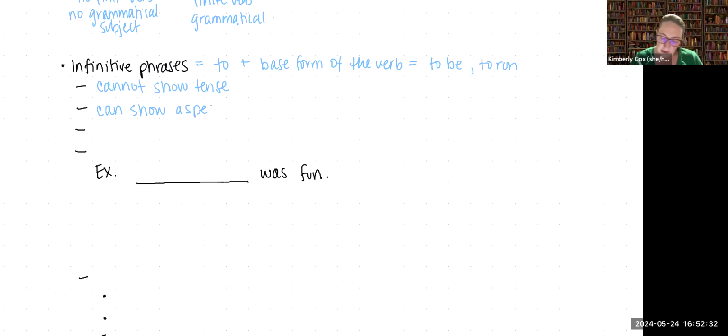Interestingly, though, it can show aspect. So if you remember, aspect is perfect, progressive, or perfect progressive. So it can show that. So it can indicate something about time, even if it can't show tense.